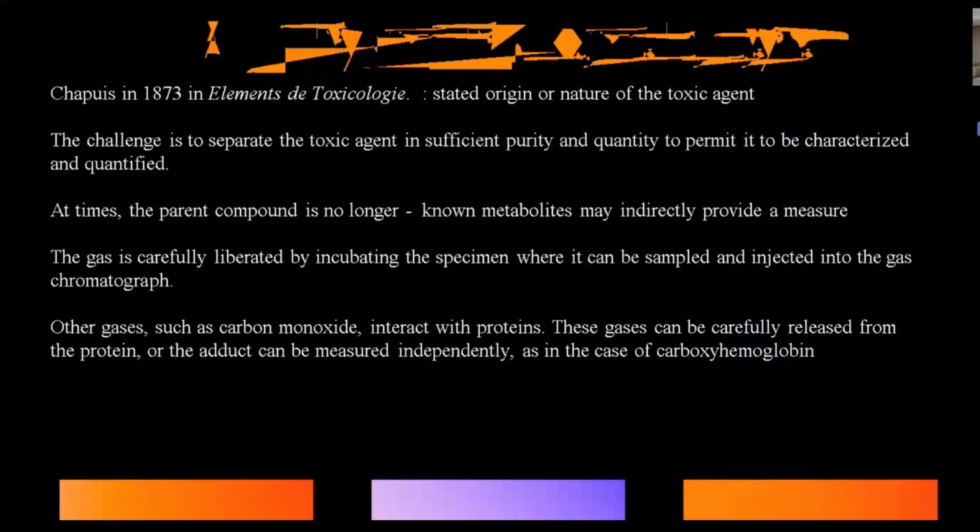We will talk about a condition: when toxicity occurs, how will we know how it is occurring, and how can the analysis be done? First, when there is toxicity, we should be able to separate the toxic agent.